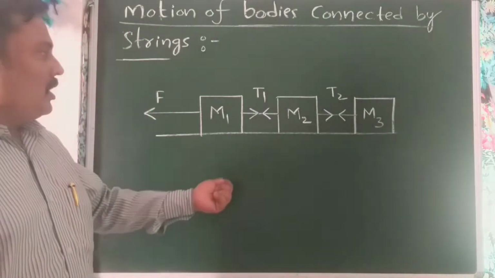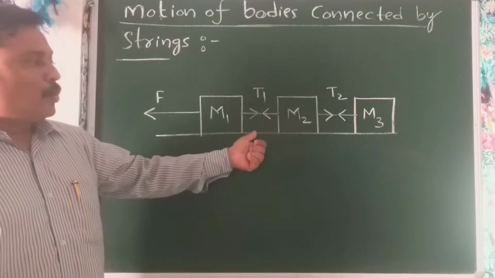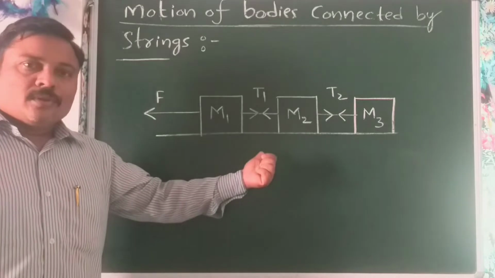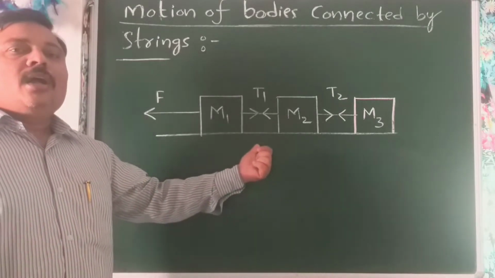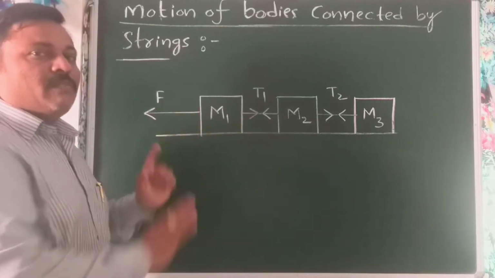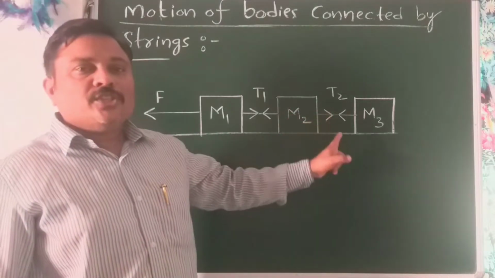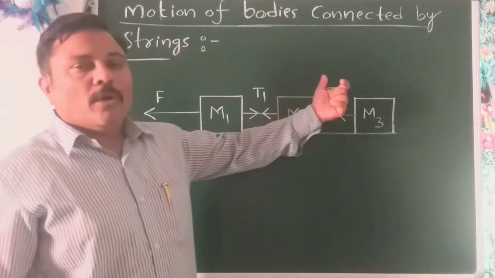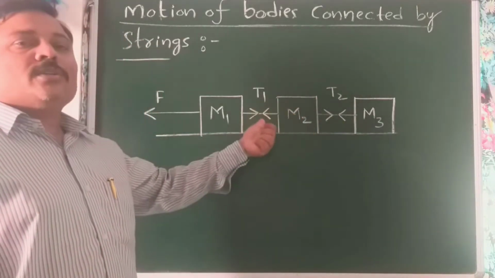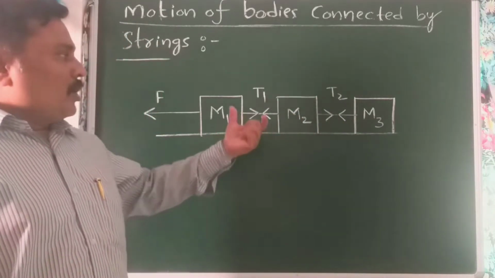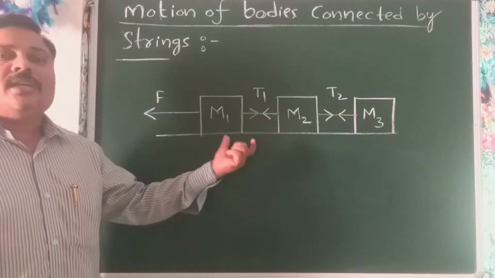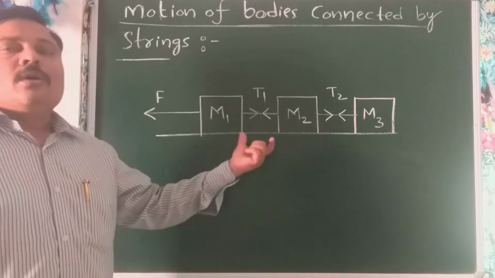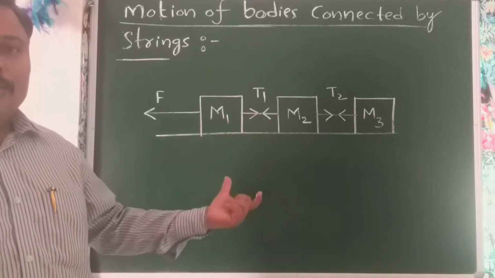In this case, T1 is the tension produced in the string by mass M2 with respect to mass M1. Next, T2 is the tension produced in the string due to mass M3 towards mass M2. So in opposite manner, T1 and T2 tensions are produced by one body on another body.